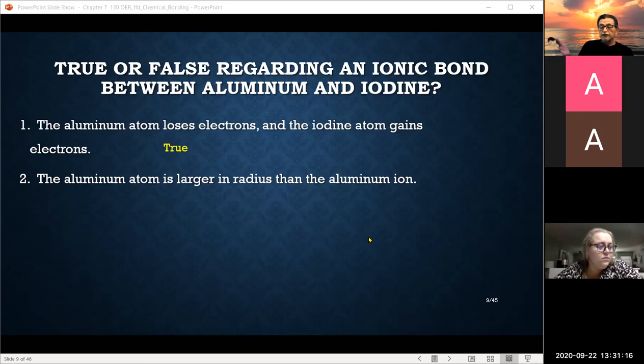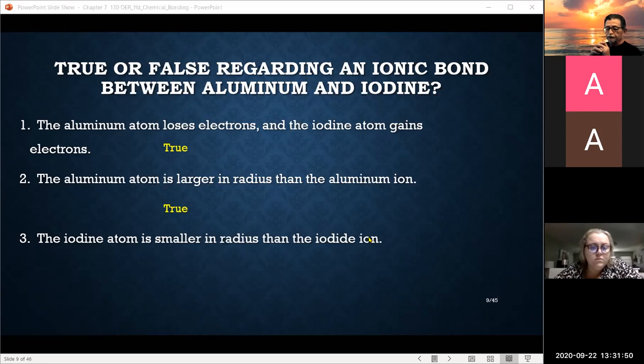By losing 3 electrons and still maintaining the 13 positive protons, it's going to pull the electrons it has even tighter. Remember, the cation is smaller in diameter than the element that it came from, because the aluminum ion is the positive ion.